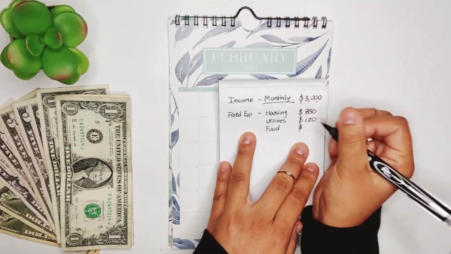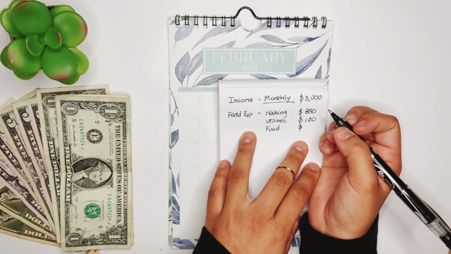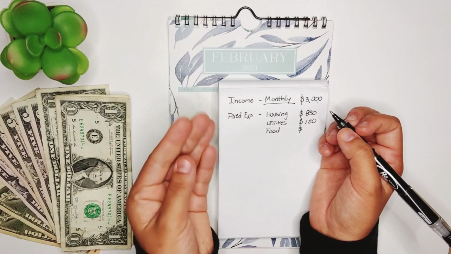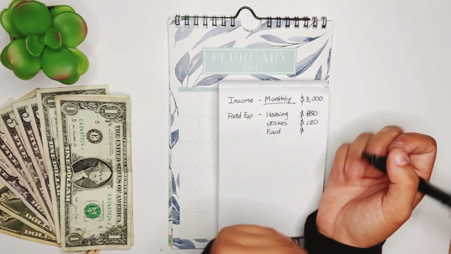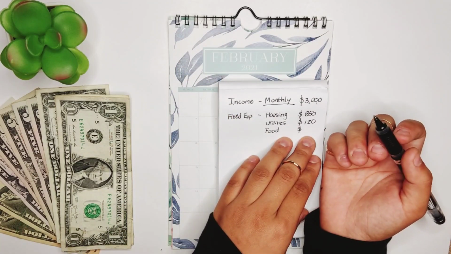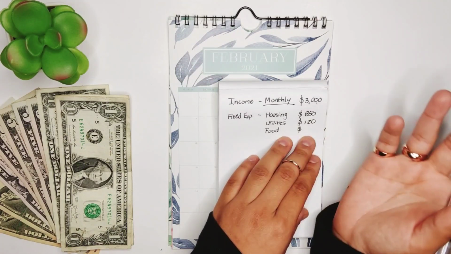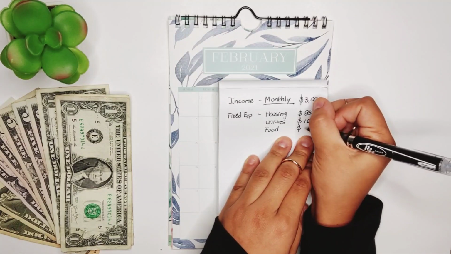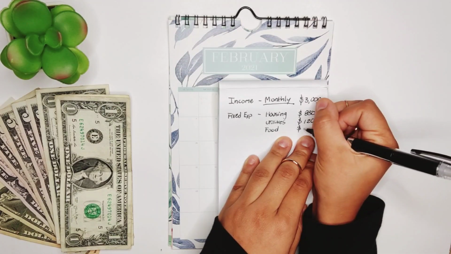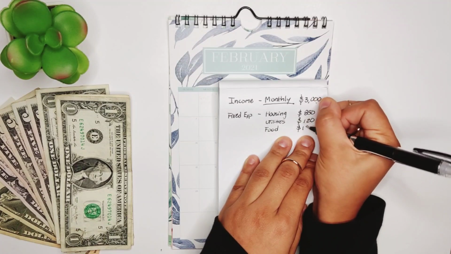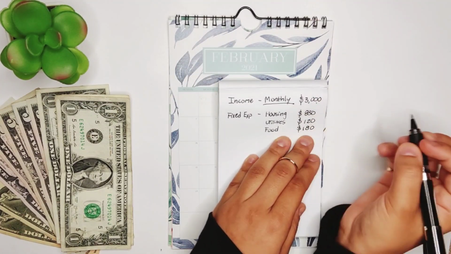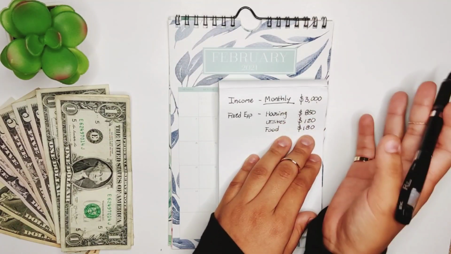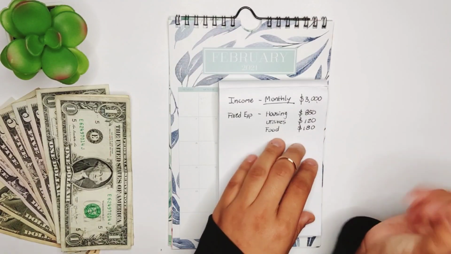So food, for me, I personally get food stamps, so I don't have this in my fixed expenses, but for anybody else who isn't getting food stamps or any type of food assistance, whether that be from your own family, let's just say this person sets aside $180 for food a month, okay? We're not talking about our bi-weekly or weekly setting aside. This is all monthly right now.